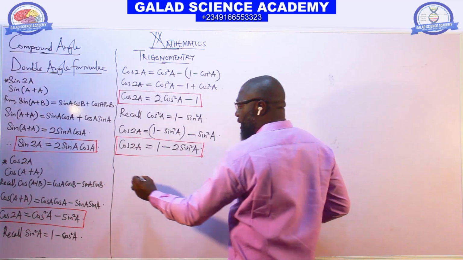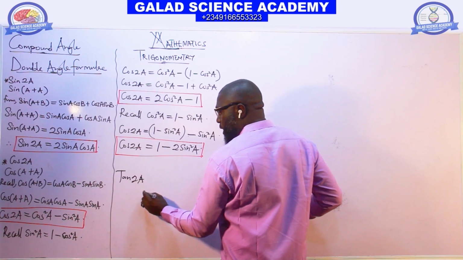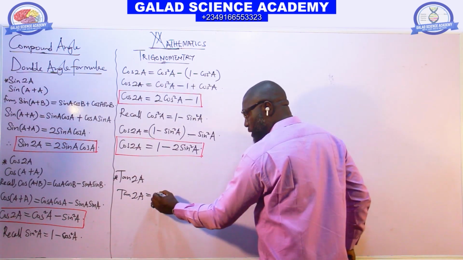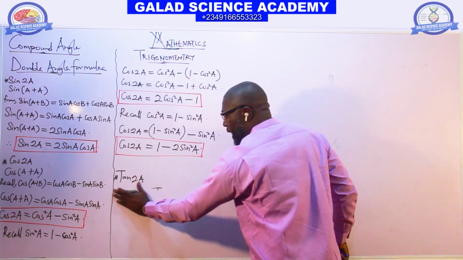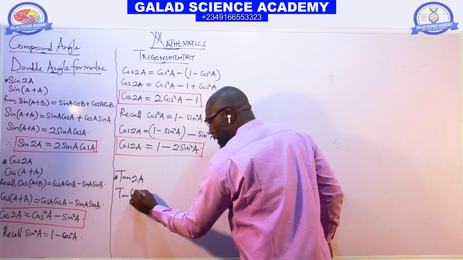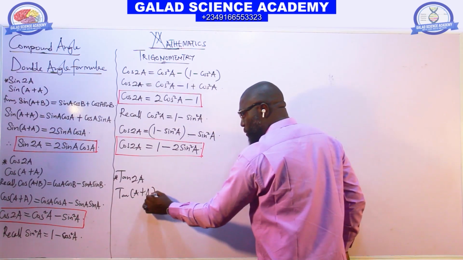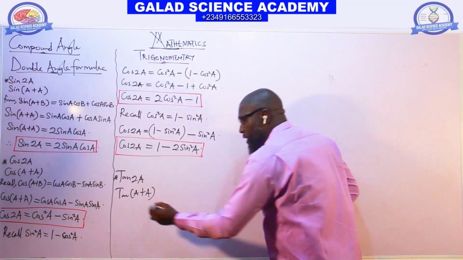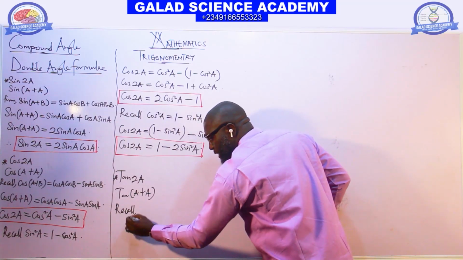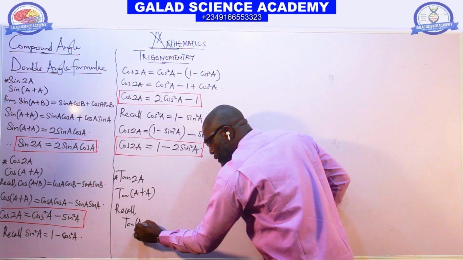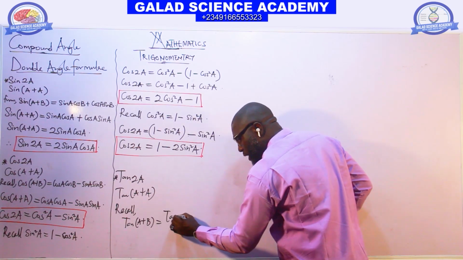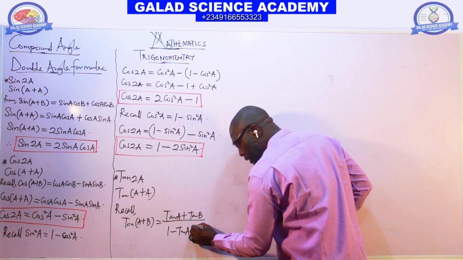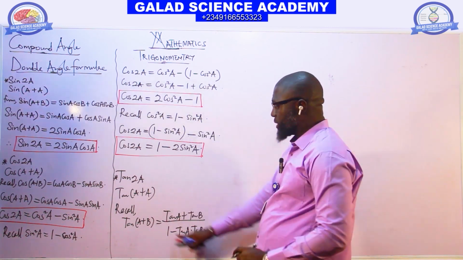So the last one should be tan. What is tan 2A? For tan 2A, you can say tan 2A is the same thing as tan of A plus A. And from the knowledge, we recall that tan A plus B is equal to tan A plus tan B over 1 minus tan A tan B. Let us apply this for tan.